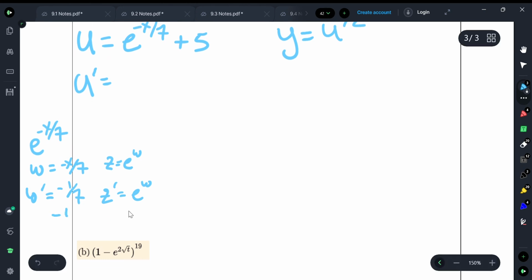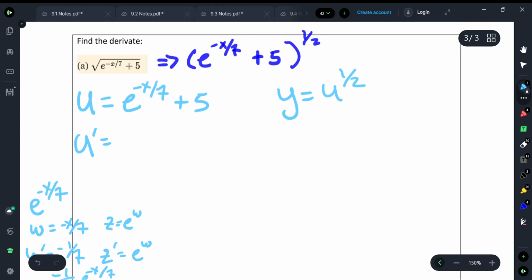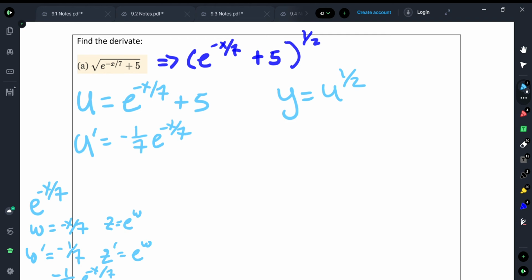We got negative 1 over 7 times e to that x over 7 power. So we got this here. So we'll say negative 1 over 7 e to this power. The derivative of 5 is just going to be 0. All right.